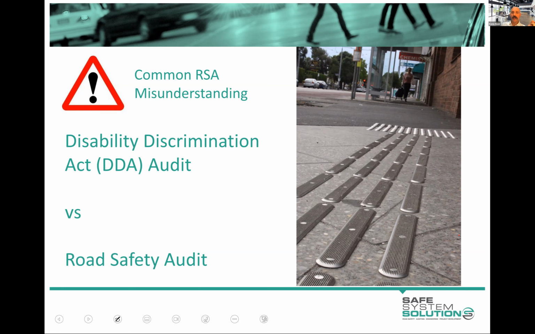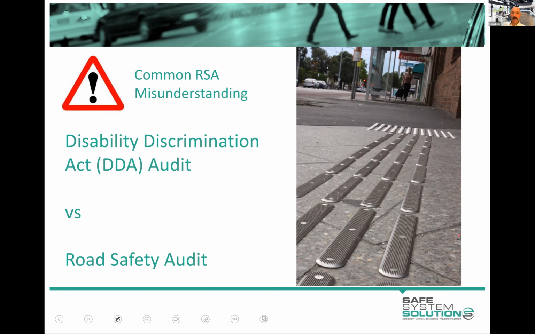Now, as a road safety auditor, you might see things where you go, okay, the tactiles aren't contrasting with the color of the pavements. And you can put that in. For me, that's a note. It's very hard for me to say that will result in death and serious injury or injury for road users in the timeframes we have in our risk matrices.